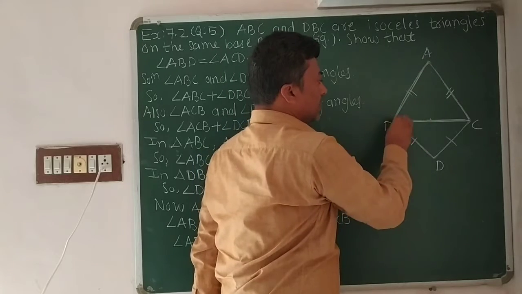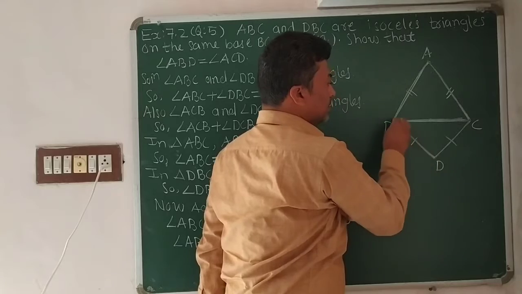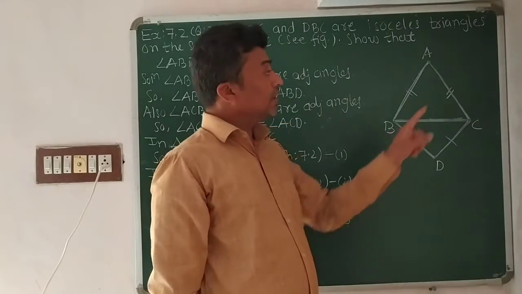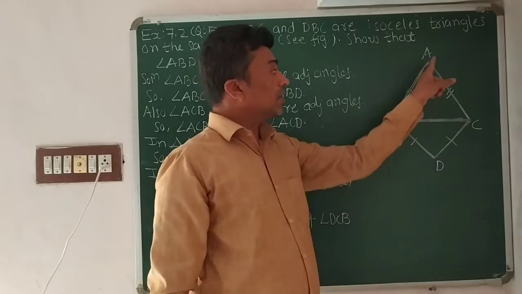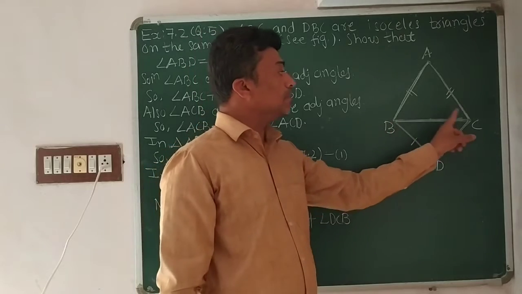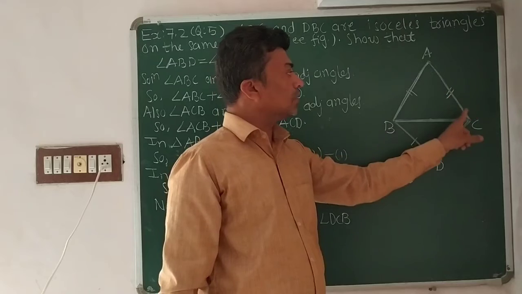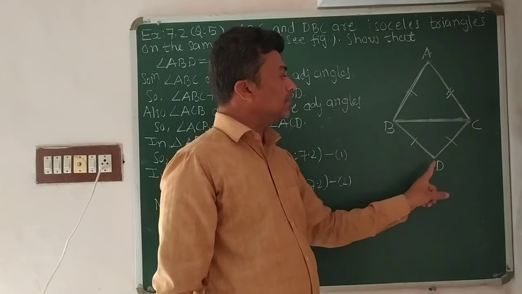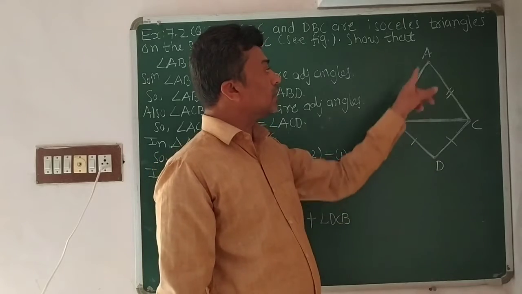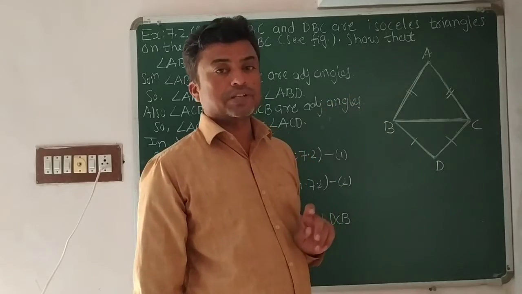See, triangle ABC, its base is BC, and triangle DBC, its base is also BC. So in the given figure, triangle ABC and triangle DBC both have the same base BC. In triangle ABC, AB is equal to AC, and in triangle DBC, DB is equal to DC, because both triangles ABC and DBC are isosceles triangles.